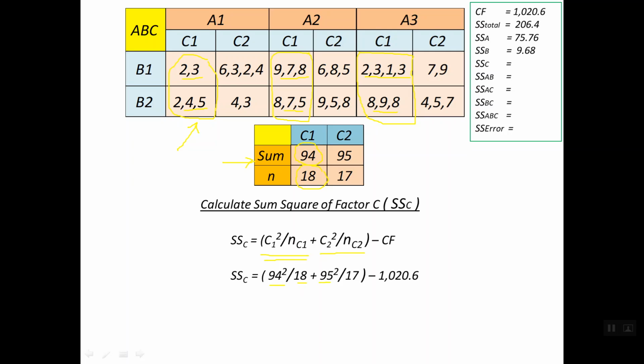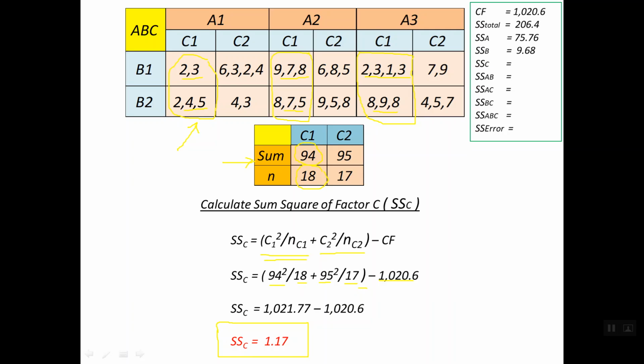And again, here for C2, we square it, and the number of observations for C2 is equal to 17. And then we subtract the correction factor, so simply you can get the value of the SS for the third factor C to be 1.17.